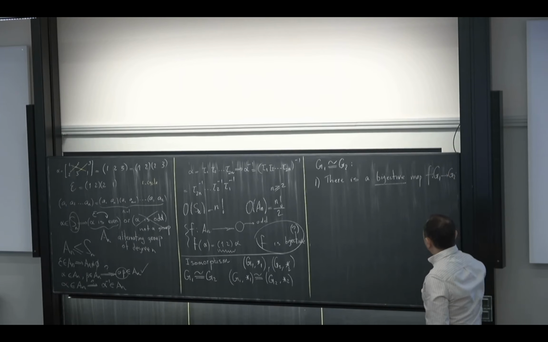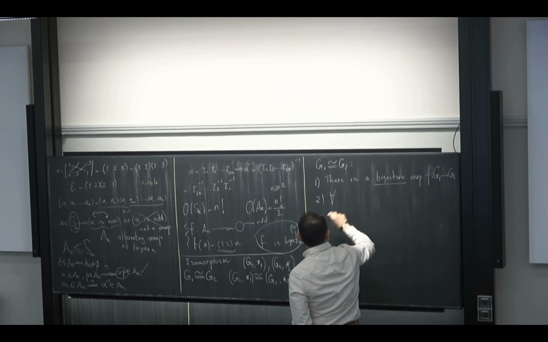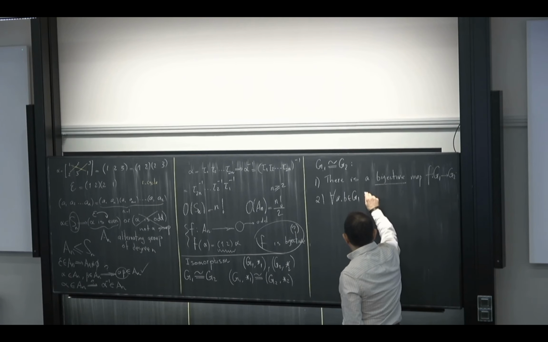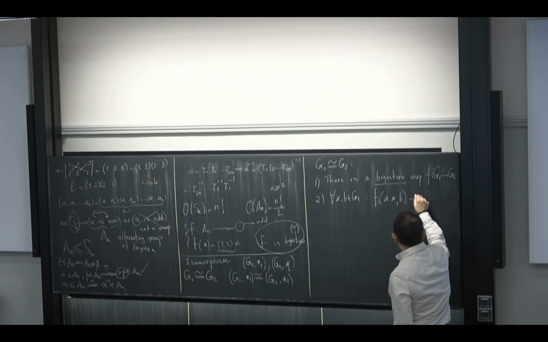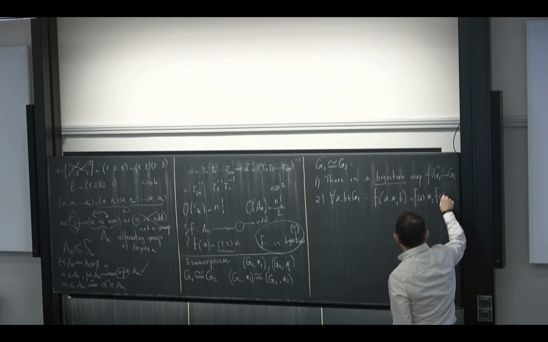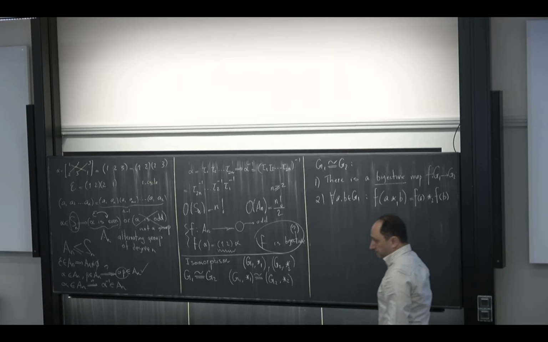Two, for every pair of elements A, B in G1, F of (A star 1 B) becomes F of A star 2 F of B. That's the meaning of being isomorphic.